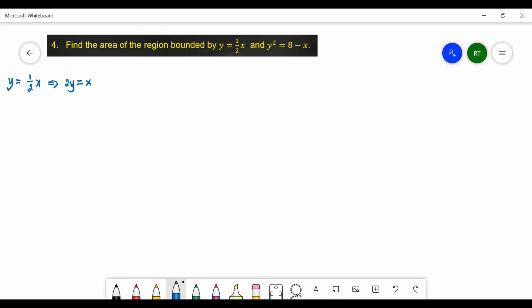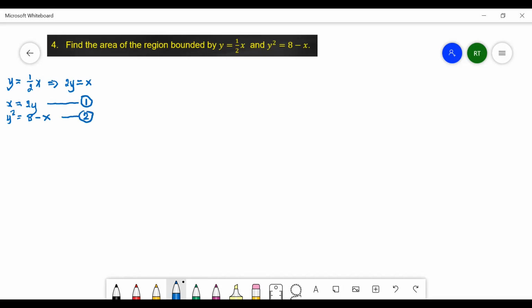Let us avoid fractions. So the first equation is the equation of the line x is equal to 2y, and we shall call this equation number 1. The other equation is y squared is equal to 8 minus x, the parabola.